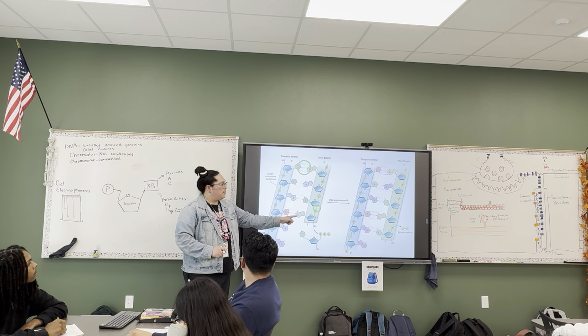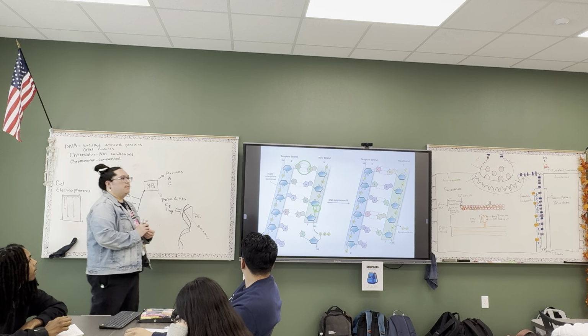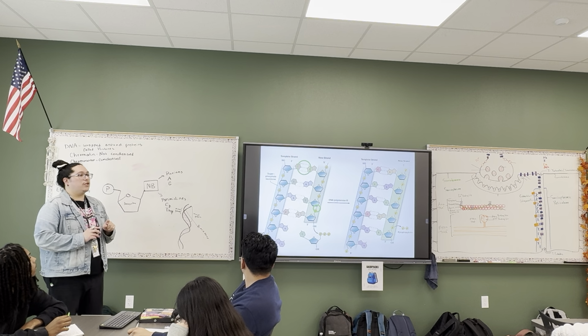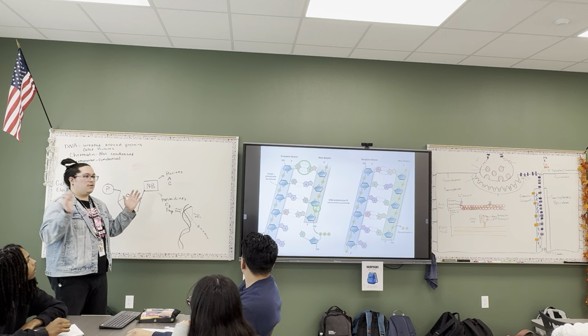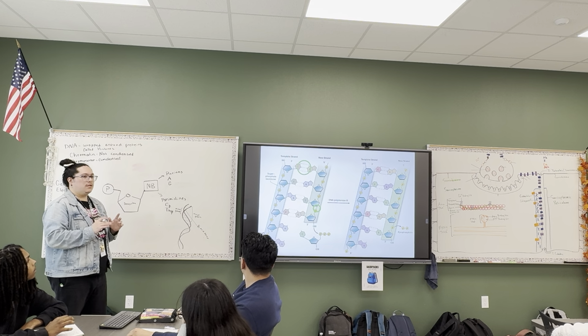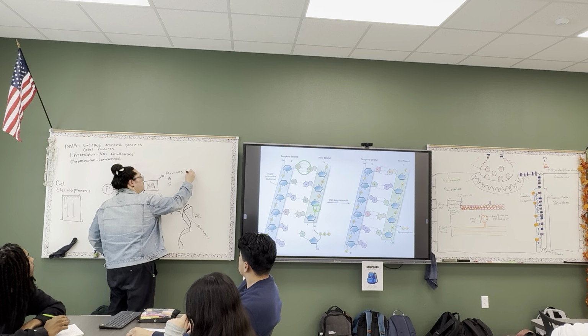Adenine and guanine are purines, cytosine and thymine are pyrimidines. What's the difference in their structure? Not the bonds, in their structure. Purines tend to be bigger or smaller, or double ring or single ring. So purines have 2 rings.